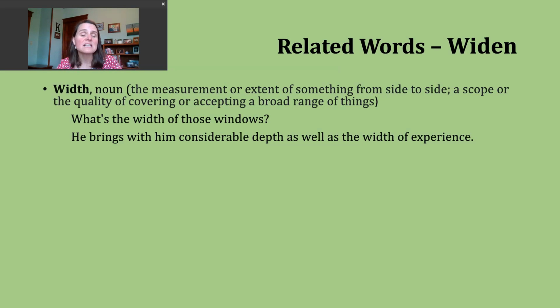And what this sentence is suggesting is not only does this person have an area of specialization where they have deep, detailed knowledge, but they have a lot of different experiences. And maybe to help us understand that a little bit, I'm going to use something from my past.